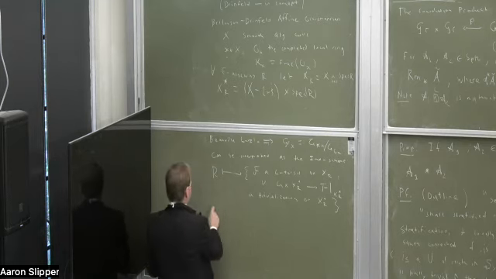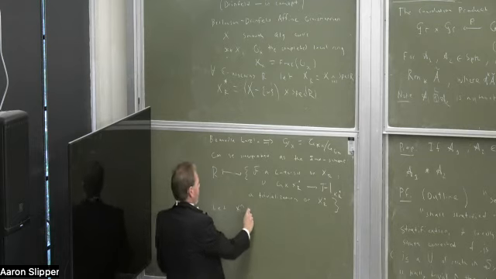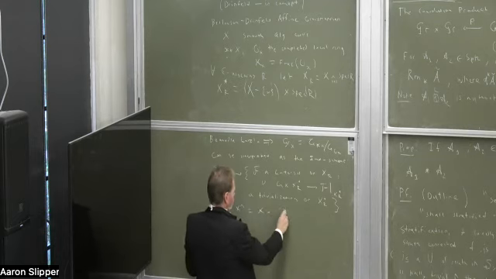So let X^n be our product, not the symmetric product.